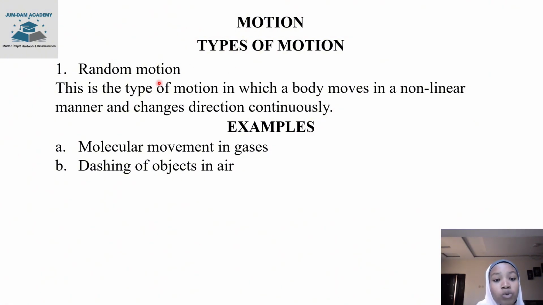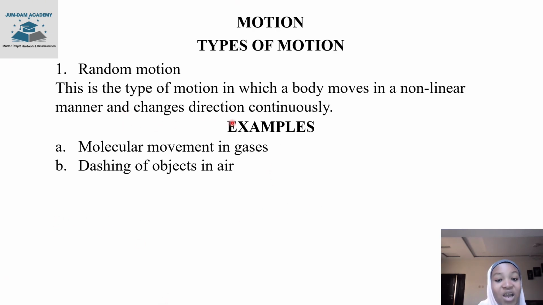We have random motion, which is a type of motion in which a body moves in a non-linear manner. When they say something is moving in a linear manner, that is in a straight line, in one singular straight line. It doesn't have to be horizontal. It can be vertical, it can be at an angle, just a straight line.